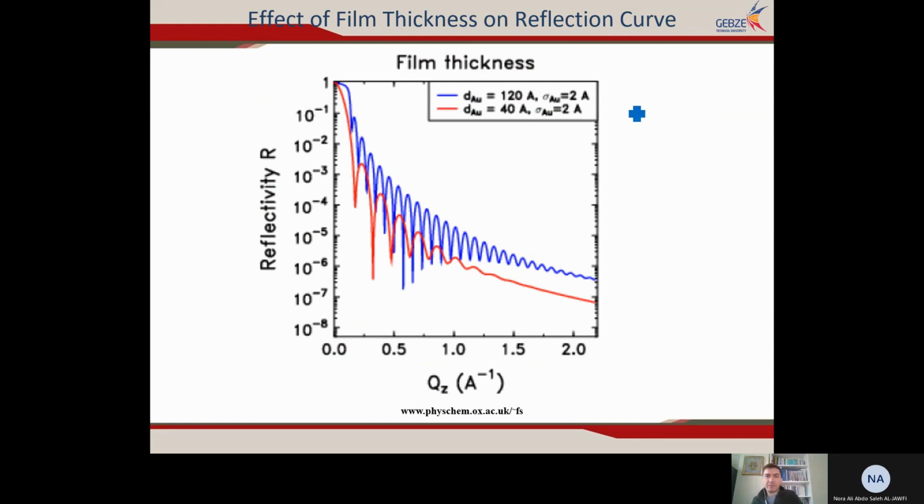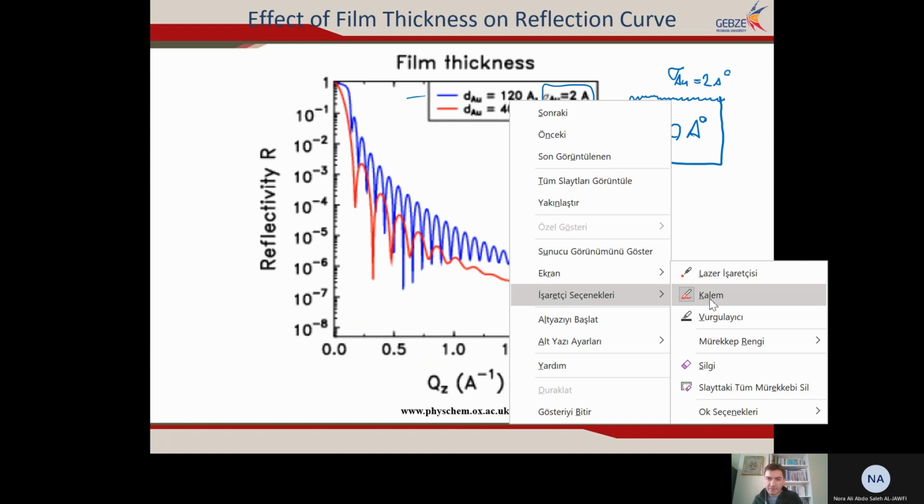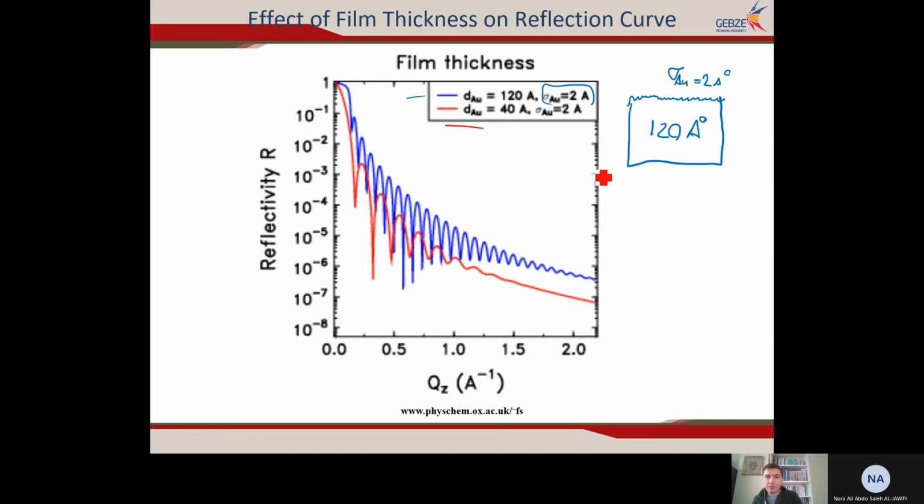Here we have two samples. The blue one is gold. The roughness of the gold is 2 angstrom, and the thickness of the gold is 120 angstrom. And we have another thin film, which is also gold, but the thickness is 40 angstrom.